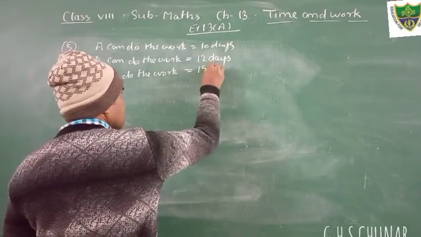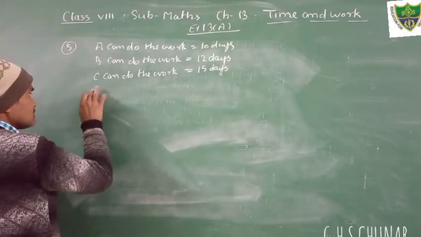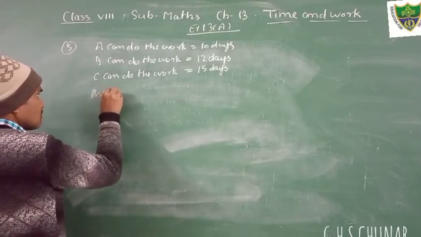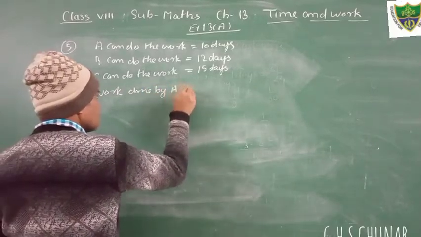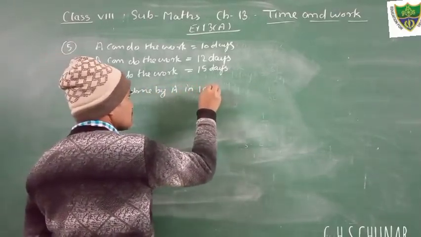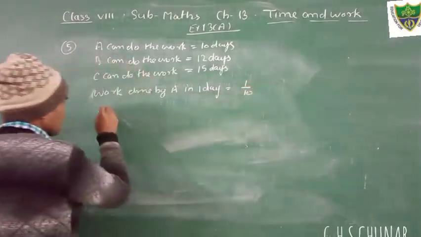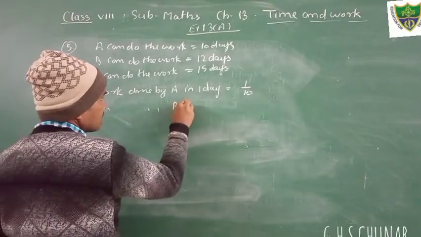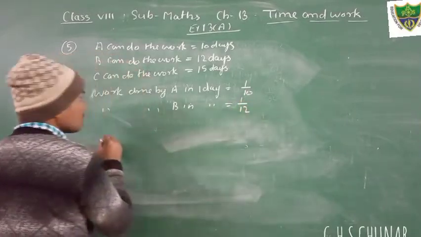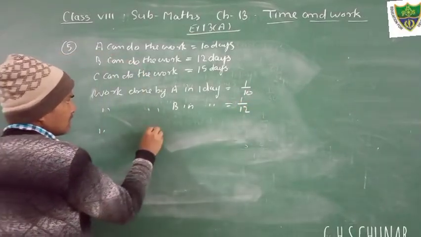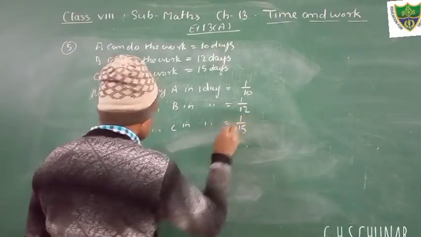So first, work done by A in 1 day is 1 upon 10. Next, work done by B in 1 day is 1 upon 12. And work done by C in 1 day is 1 upon 15.